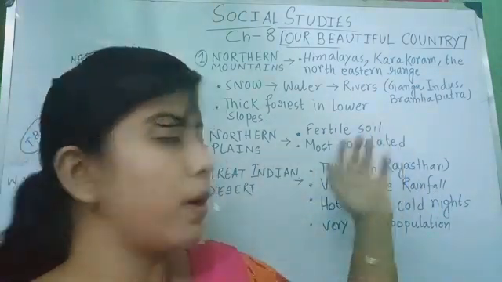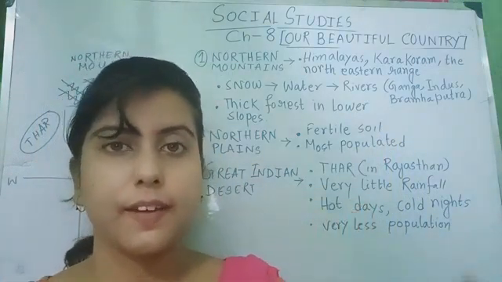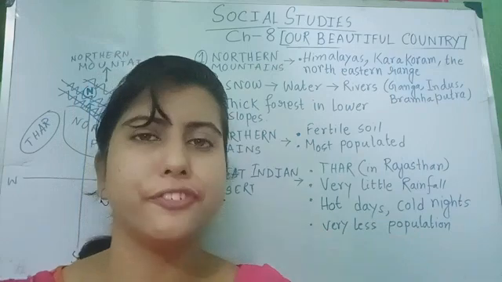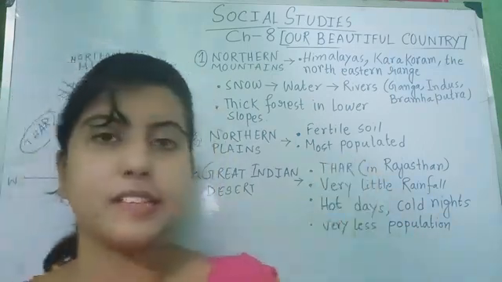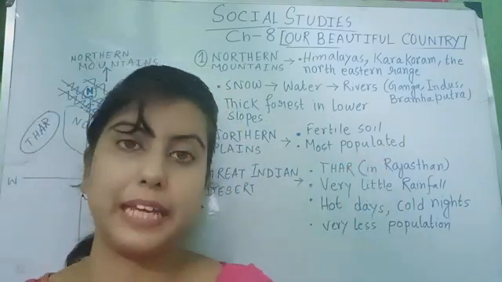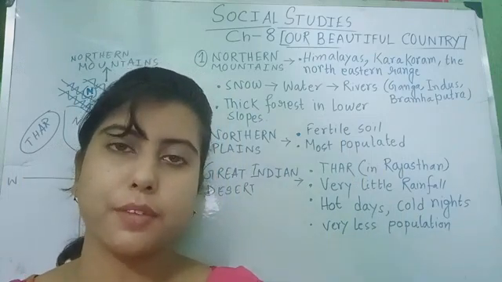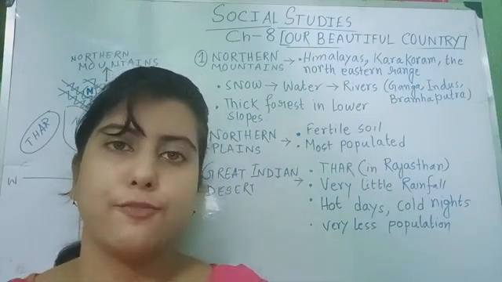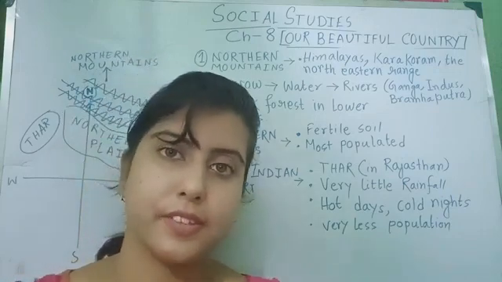Now the first point is fertile soil, that the soil is very fertile. Farmers can grow different types of crops. And the second point is most populated. Now this northern plain area is so fertile that from the very old times, various types of people started to live in this part.